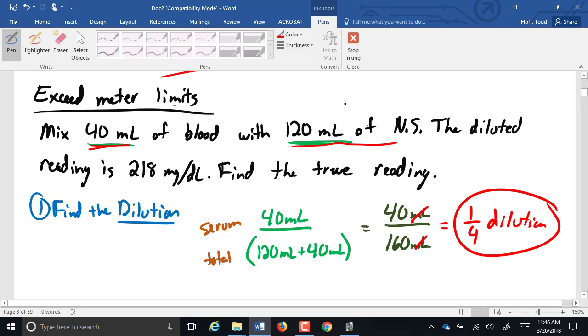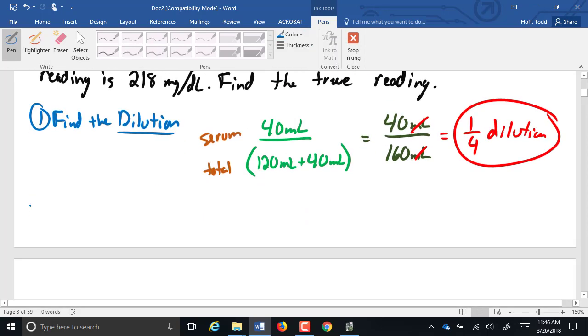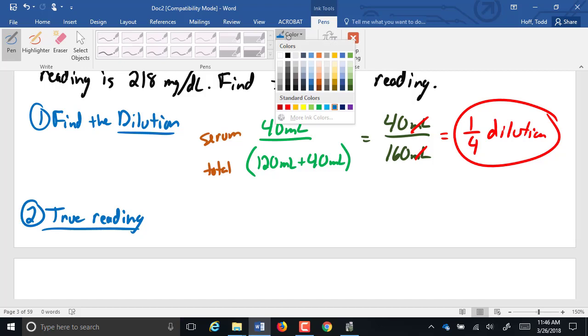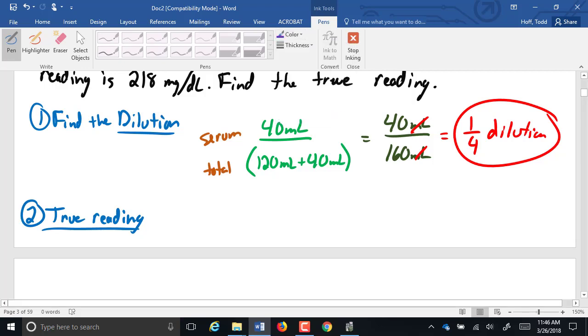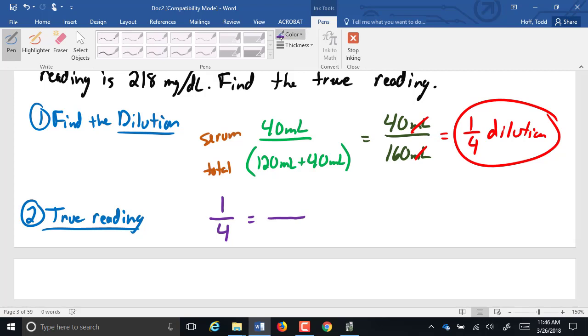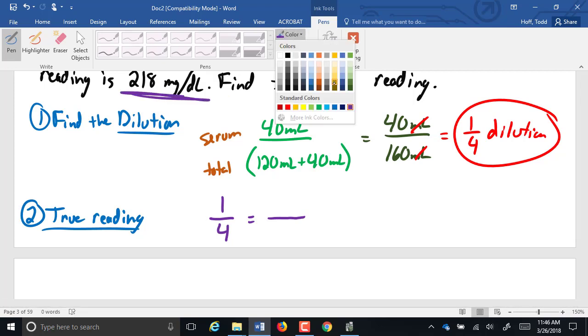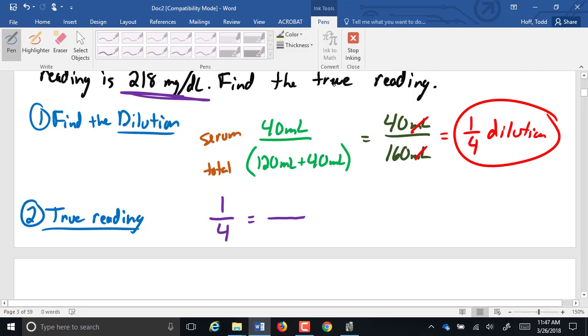Step 2 then is to calculate the true reading, in other words, the undiluted level in the blood, or the actual level in the blood. So we have a 1 in 4 dilution. The meter reading was 218 milligrams per deciliter. We know, of course, that it's diluted, so it's smaller than the actual reading.